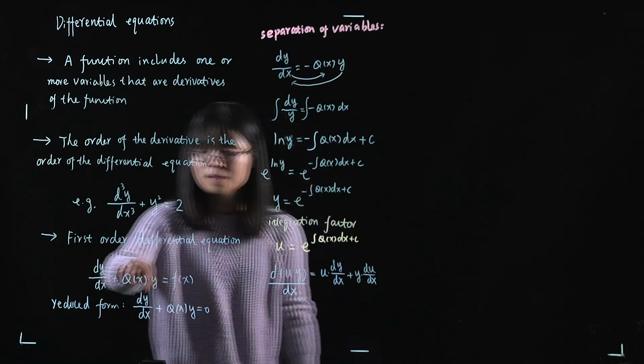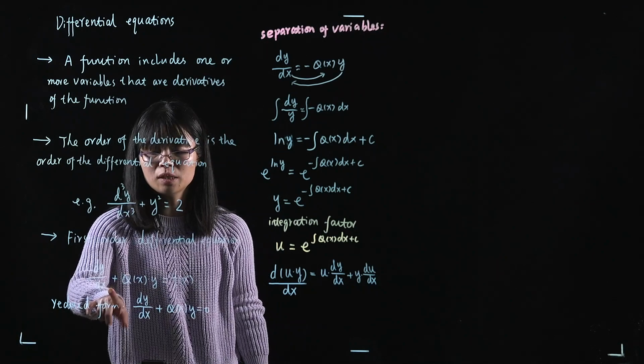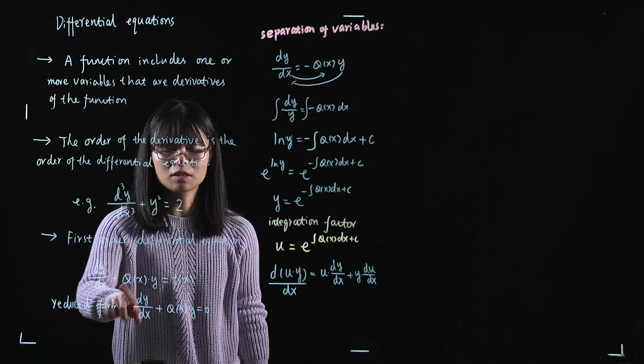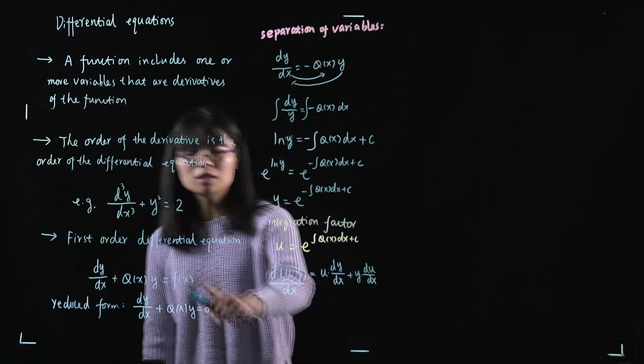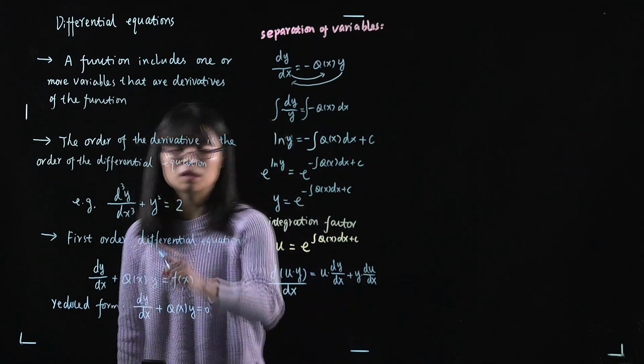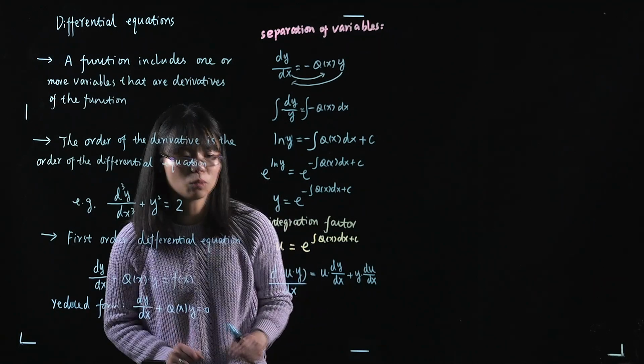So let's go back to the non-reduced form of the first order differential equation. Let's multiply the integration factor to every single term in that equation and see what we have.